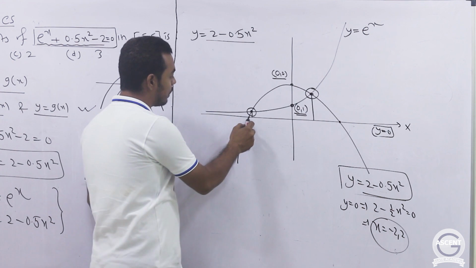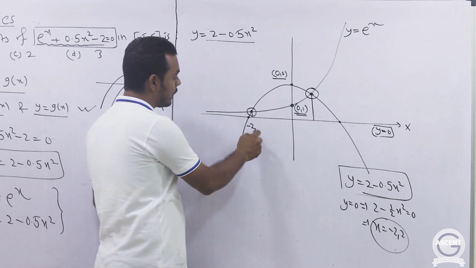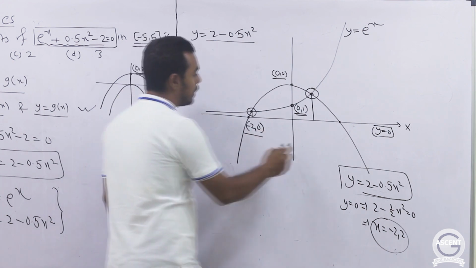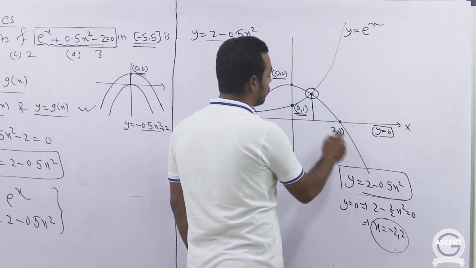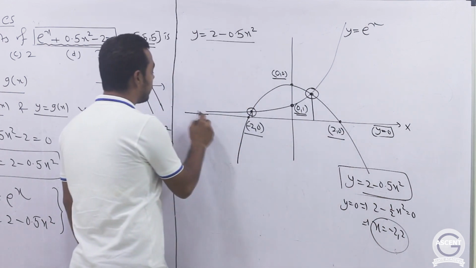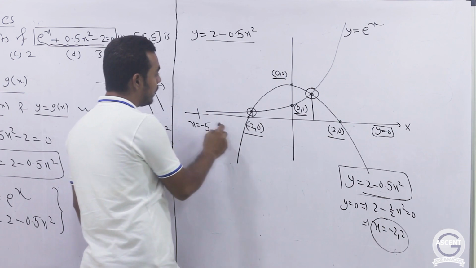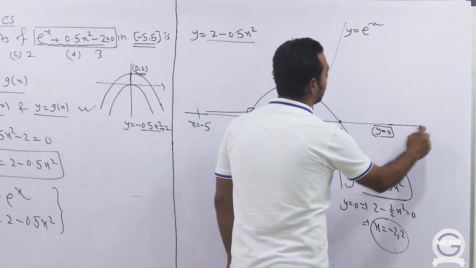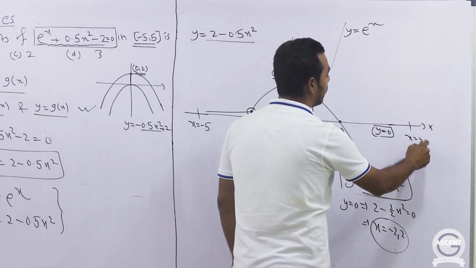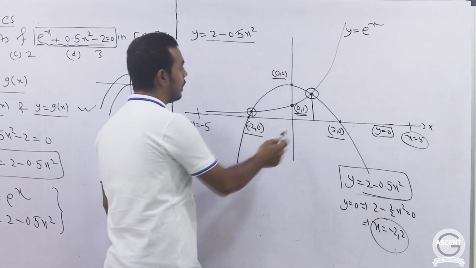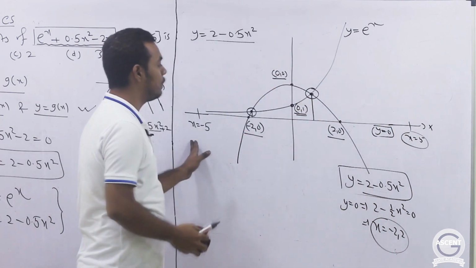So the points where this parabola crosses the x axis are minus 2 comma 0 and 2 comma 0. So x equals minus 5 will be somewhere here, and x equals plus 5 will be somewhere here.